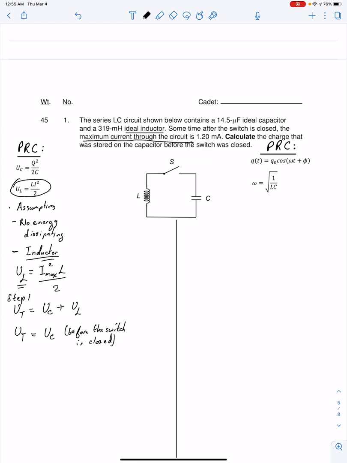But once we have max current, when current is at its max, it means that the total electric potential energy is equal to the electric potential energy of the inductor.